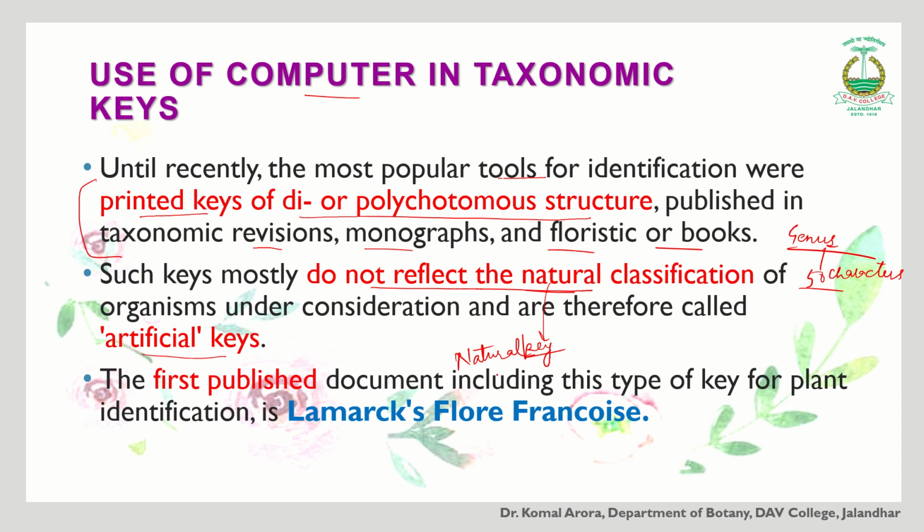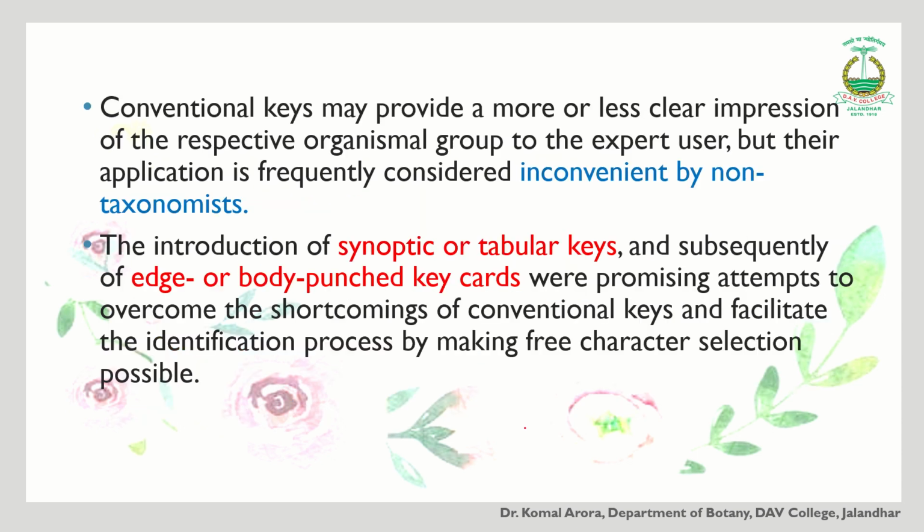The first published document that had natural criteria was Lamarck's Flore Francoise. The very first key that was published for identification was by Lamarck. Then the conventional keys were used. Sometimes they provided a clear impression of the genus or the species, whatever you want to look for, or sometimes relevant information, so that you can at least come close to that group.